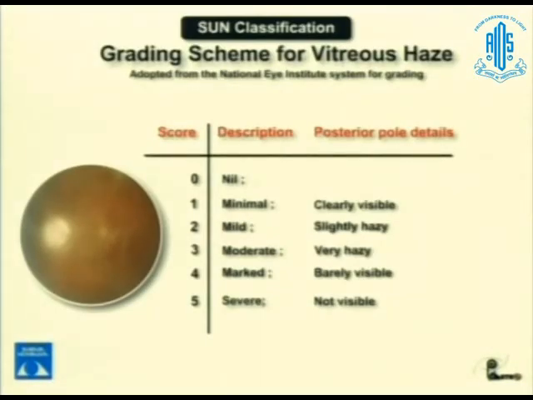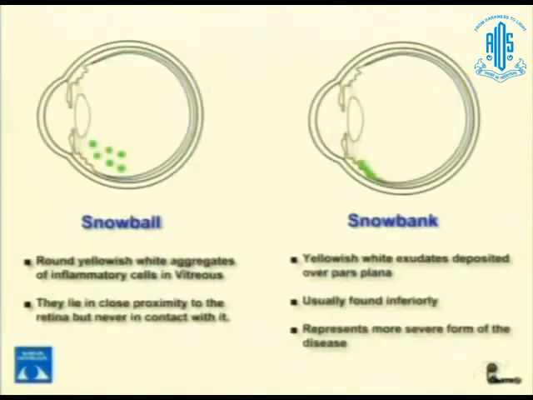If you have seen vitreous haze, then you have to classify this. Unfortunately, the SUN classification doesn't have separate grading for the vitreous haze. So they have adopted the National Eye Institute system for vitreous haze grading in their classification, which classifies from 0 to 5 based on the posterior pole details.